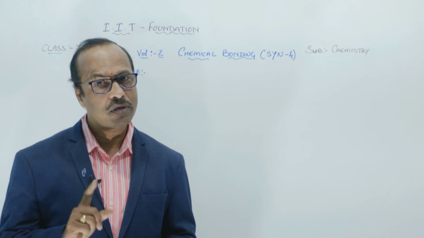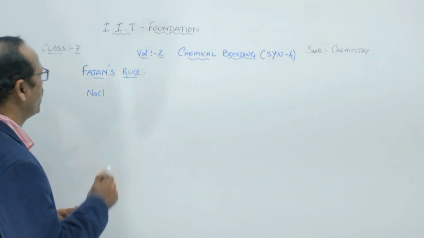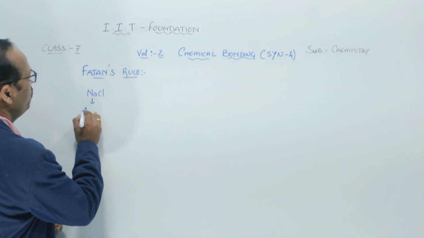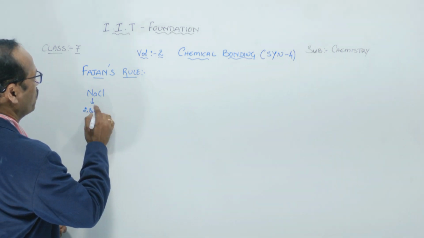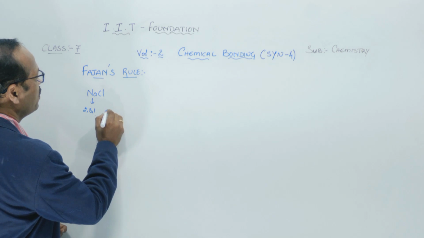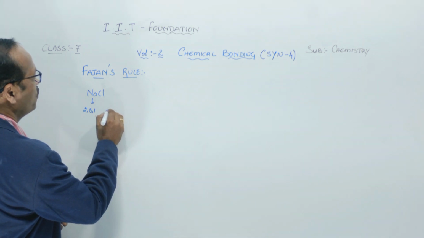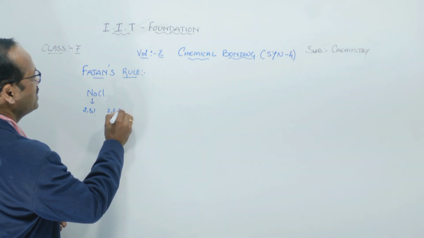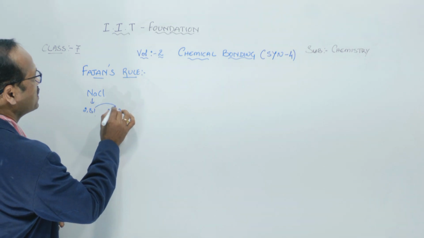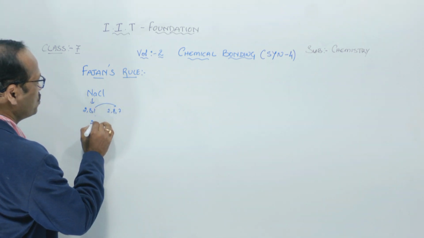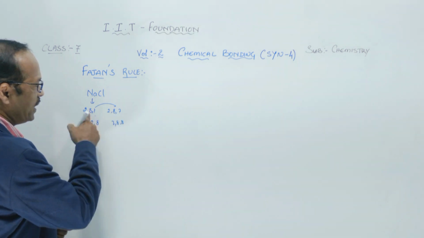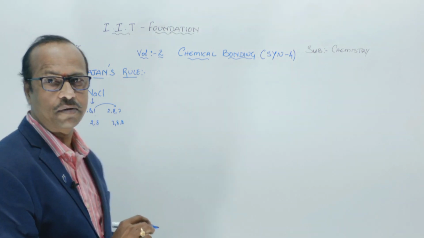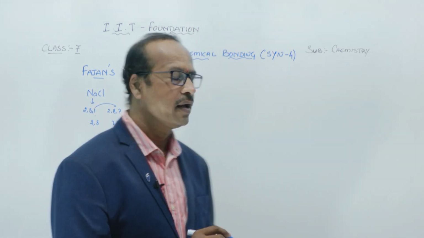Ionic compound, because sodium's electronic configuration is 2,8,1 and chlorine's electronic configuration is 2,8,7. One electron is transferred, so sodium becomes 2,8 and chlorine becomes 2,8,8. Here complete transfer of an electron is taking place. This is the ionic bond.